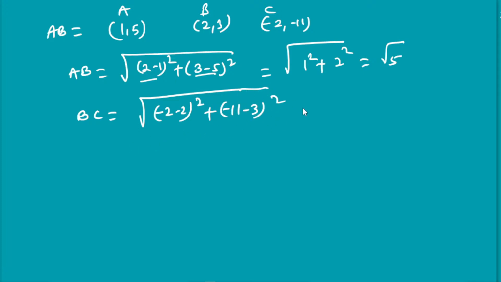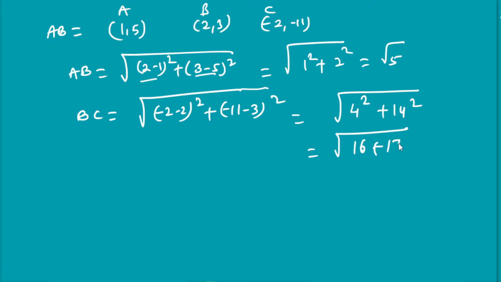Now see here: 2 minus 2 gives 4 squared, which is 16, and then 11 minus 3 gives 14 squared. Both are negative, so we can't do anything with that; the negative is already in a square, so it is positive. 14 into 14 is 196. You know? Yes or no?